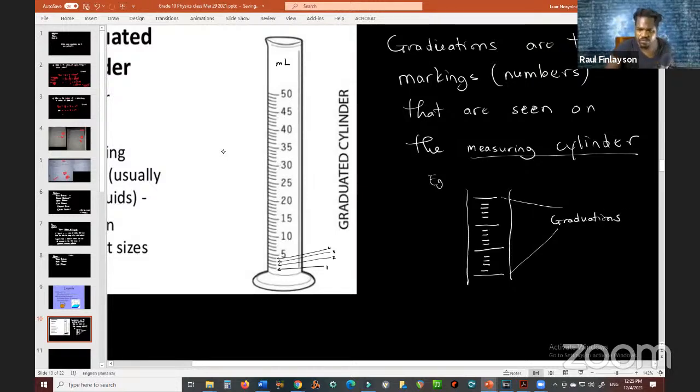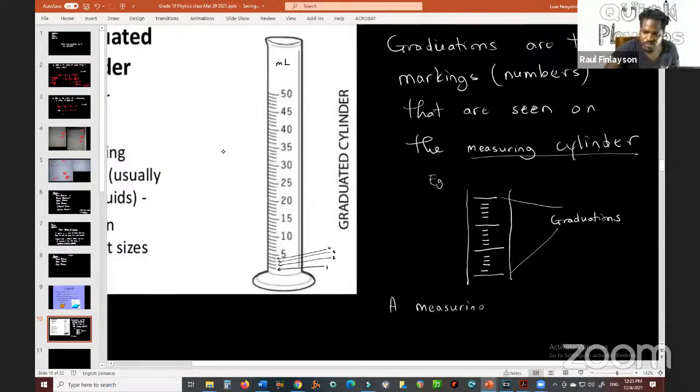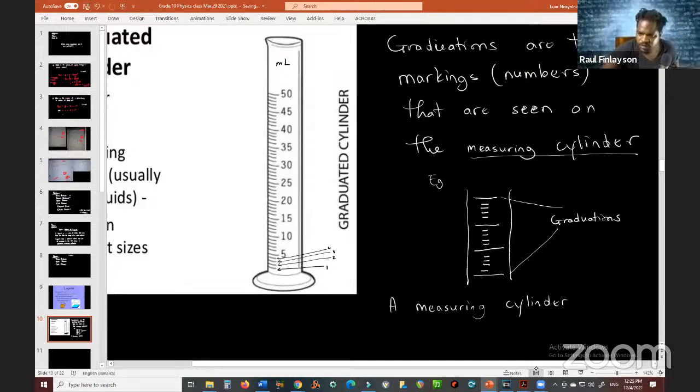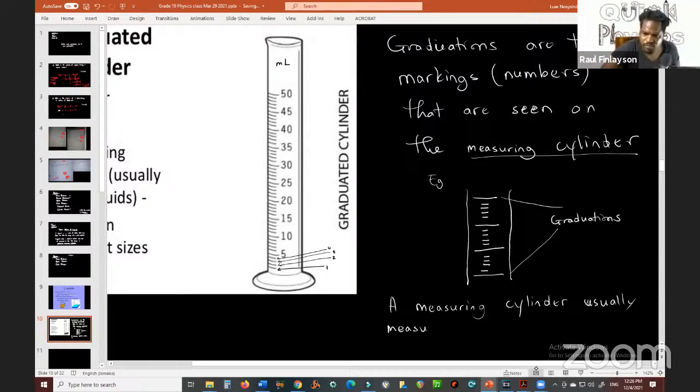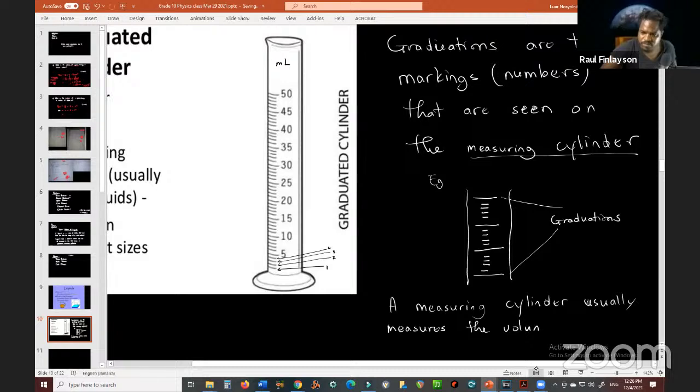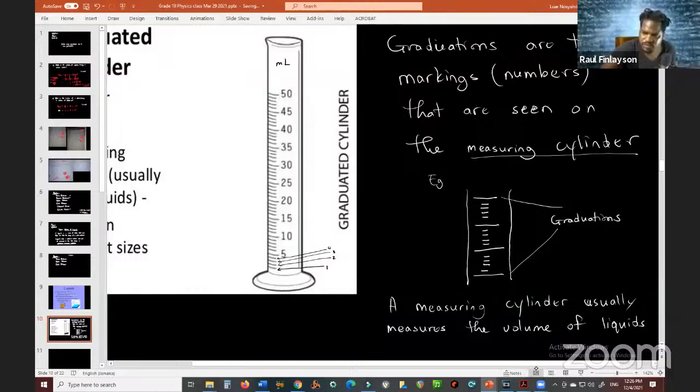All right, now a measuring cylinder usually measures the volume of liquids in milliliters.